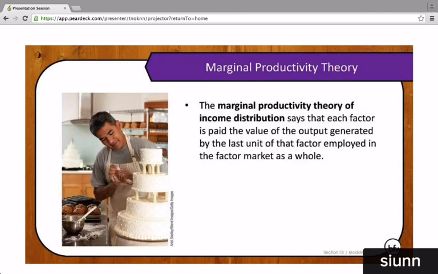And whatever the value of that marginal revenue product is, that will determine the equilibrium wage that is paid to all workers in that market. And then that is helping to determine how income is distributed in that market and in the labor market as a whole.